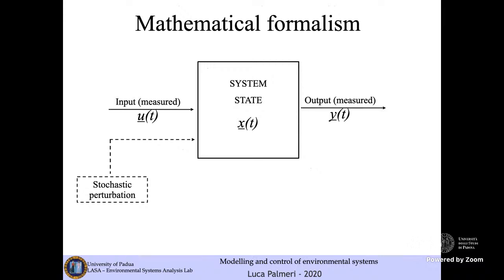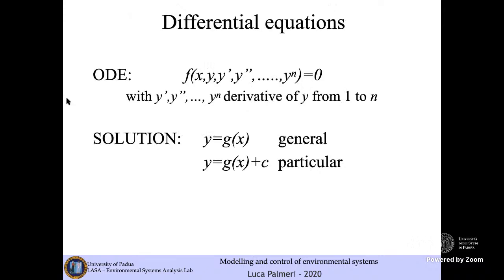This is a customary way in which I may represent my ordinary differential equation. So my ordinary differential equation may be seen as a function of the state variable, of the input, of the first derivative, second derivative, nth derivative of the input, and this is equal to 0.